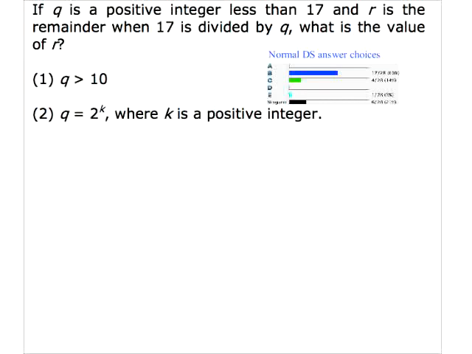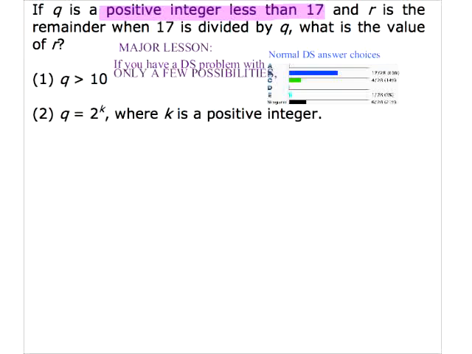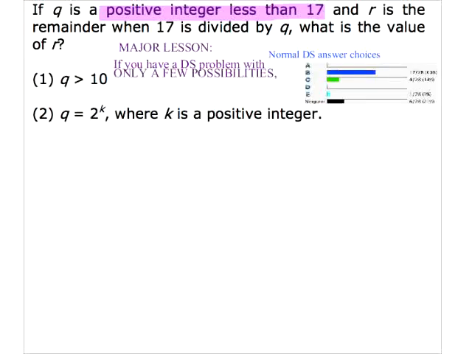Okay, so this one, if Q is a positive integer less than 17. So in other words, there's not a lot of possibilities. Another major lesson for you to learn here, and it doesn't really have anything to do with remainders, is if you have a DS problem with only a few possibilities, then don't even bother with theory.